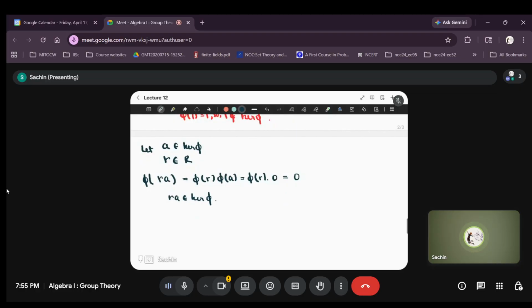So this has this interesting property that if a is in the kernel, then for any ring element r, ra is in the kernel. Since we are looking at commutative rings, ar is also in the kernel. If you are not looking at commutative rings, then this would matter, whether ra is in the kernel or ar is in the kernel, you would have to differentiate between that. Since we are looking at commutative rings, it's fine, both are the same. If a is in the kernel, ra is in the kernel.